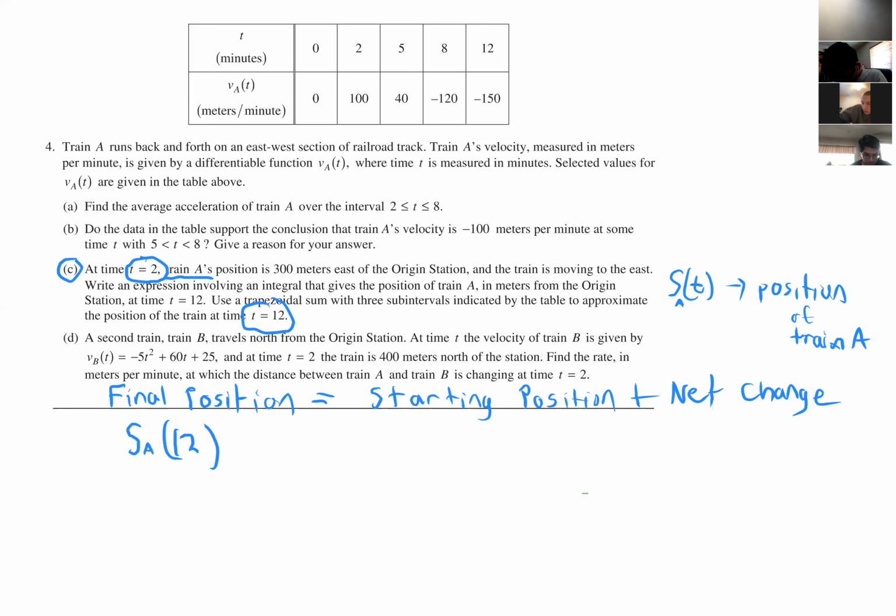So the final position is going to be the starting position plus the net change, which always involves using an integral. So it's going to be the integral, we started at 2, we're finishing at 12. This is going to be our net change. And then to get the change, you integrate the velocity.